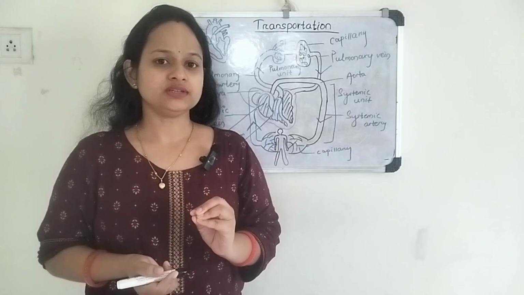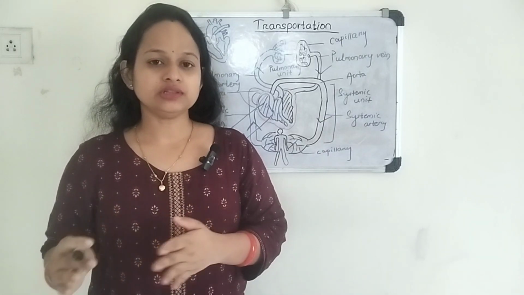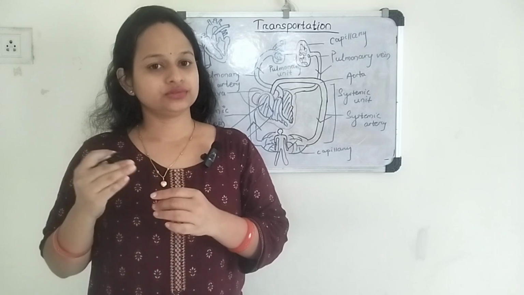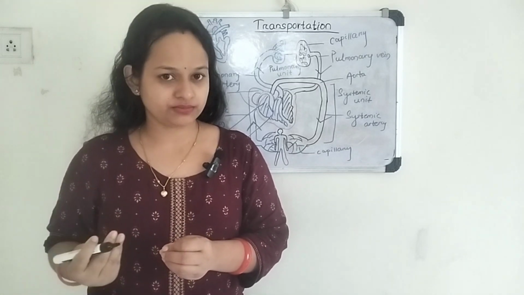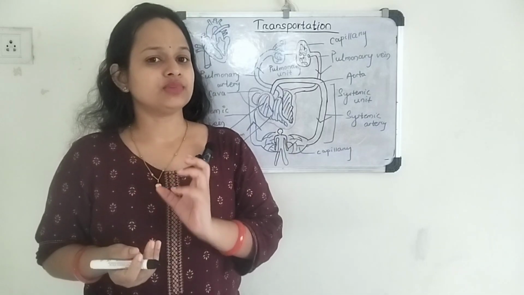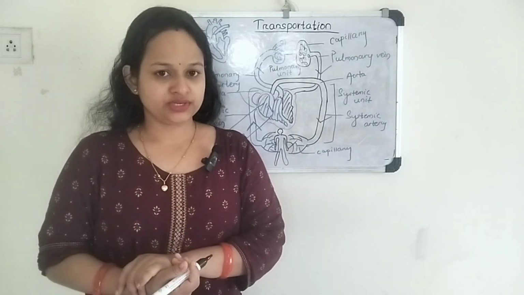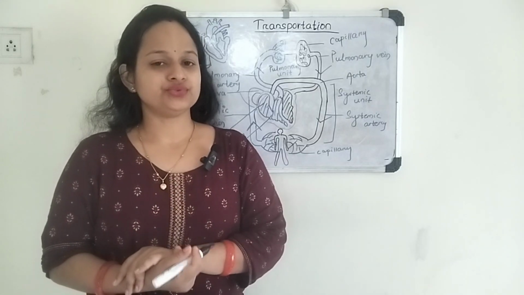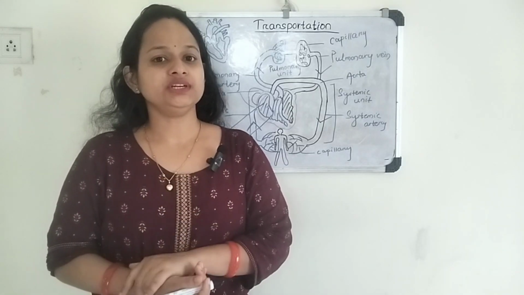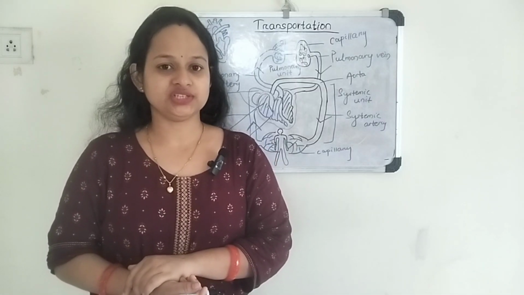And the blood pressure increases when the heart pushes all the oxygenated blood into the artery to distribute it to different body parts. And this blood pressure is measured by the instrument sphygmomanometer, and the normal blood pressure of a healthy human should be 120 by 80 mmHg.